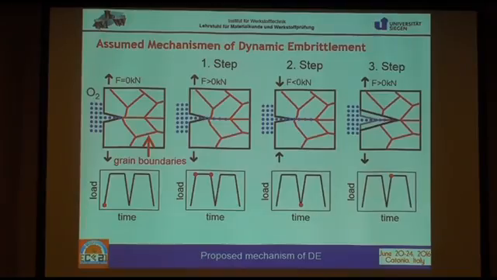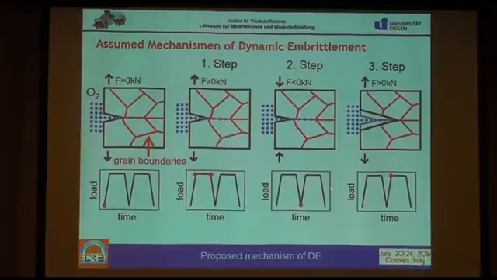And from this and many other experiments, which I do not have the time to show you here, we tried to model the behavior in such a way that we assume if you are loading a sample with a tensile load and the sample is exposed to oxygen, the oxygen is diffusing ahead of the crack tip into the material.